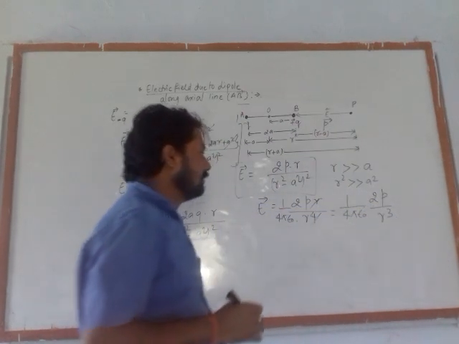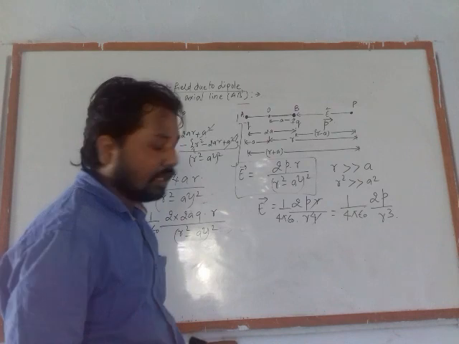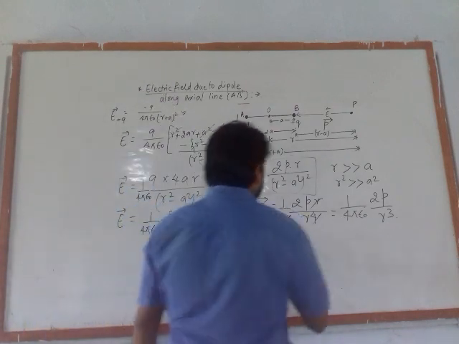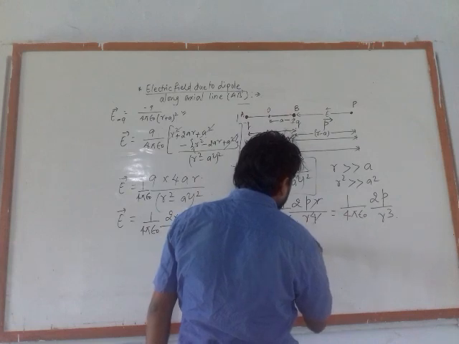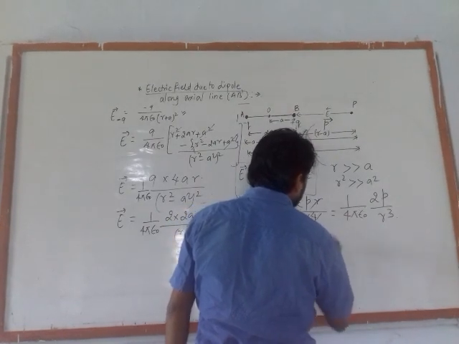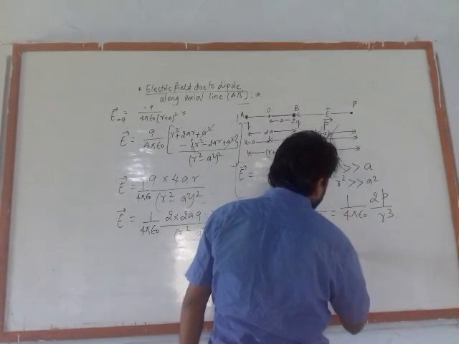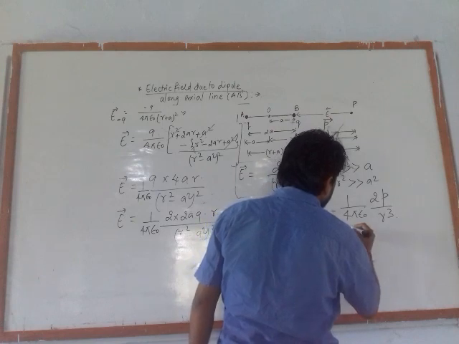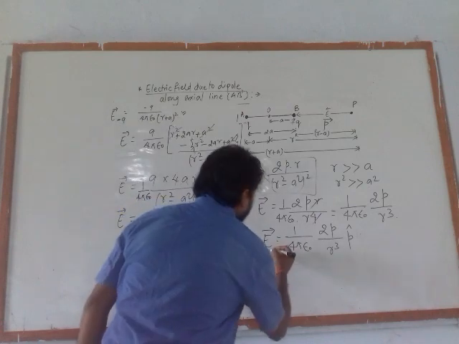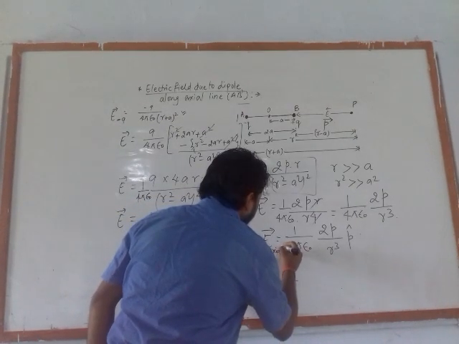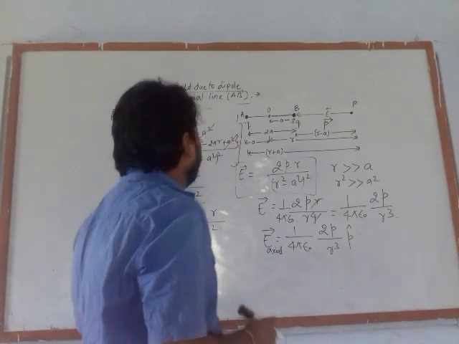And then the final result we can write: 1 by 4 pi epsilon naught, 2P by R cube, along the direction of the unit vector. So this is the result along the axial line. We will write here E axial.